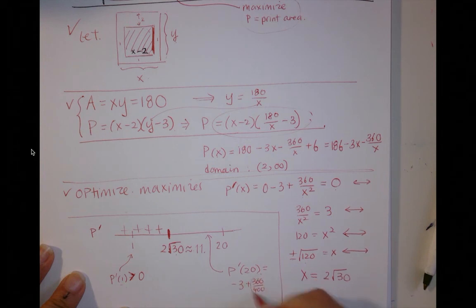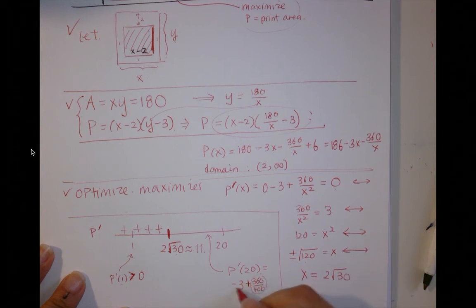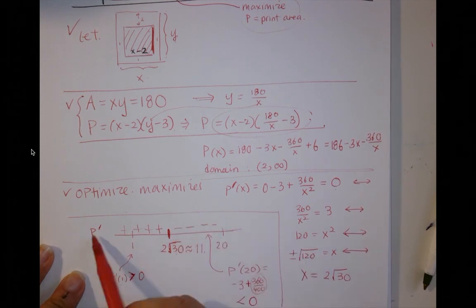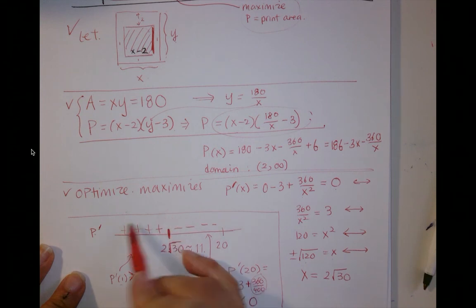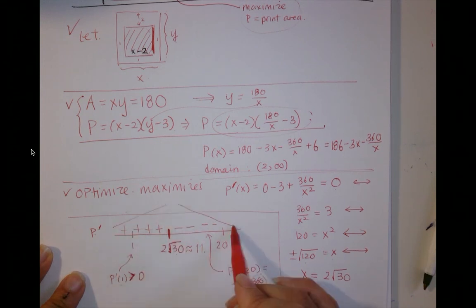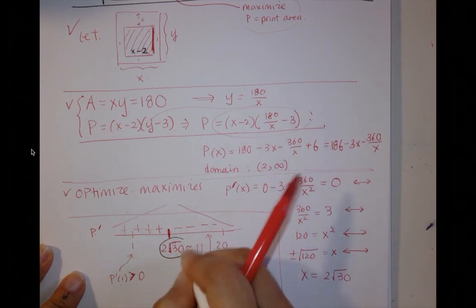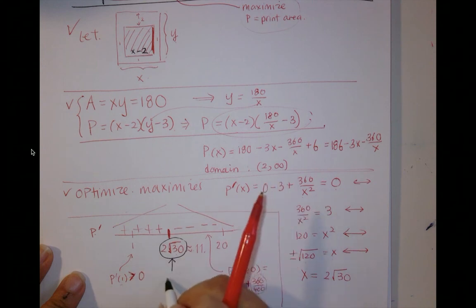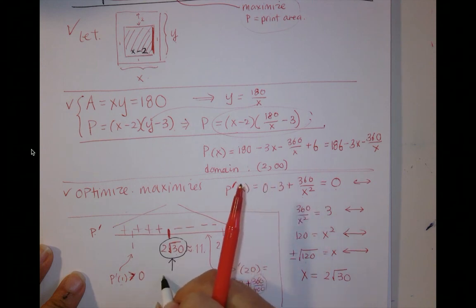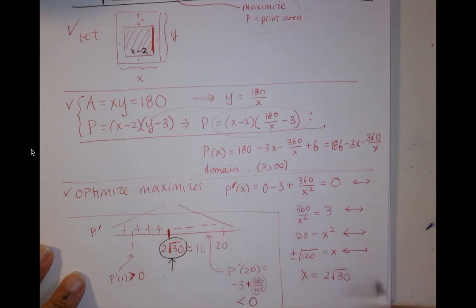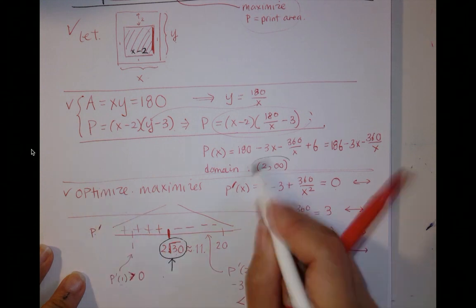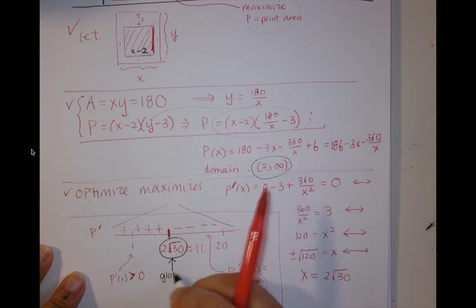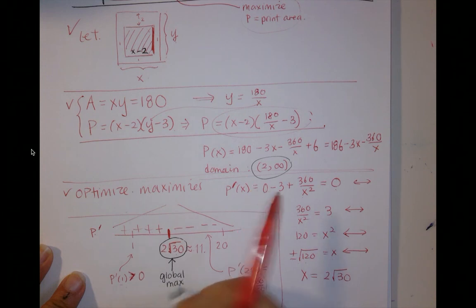This is a number less than 1. If I'm adding it to negative 3, this is definitely going to be negative. So you can see here that the derivative went from positive to negative, so the function was increasing and then decreasing, which would make this the location where a local max occurred. Since there are no other critical numbers in the relevant interval, this is the global max on that interval.